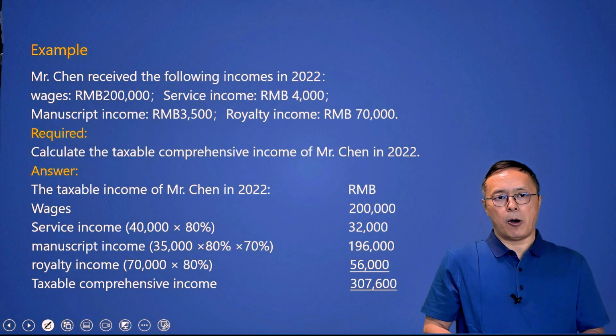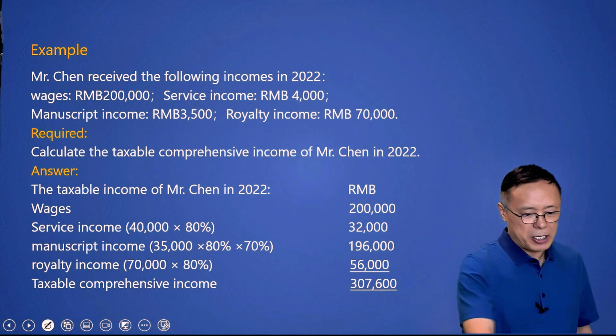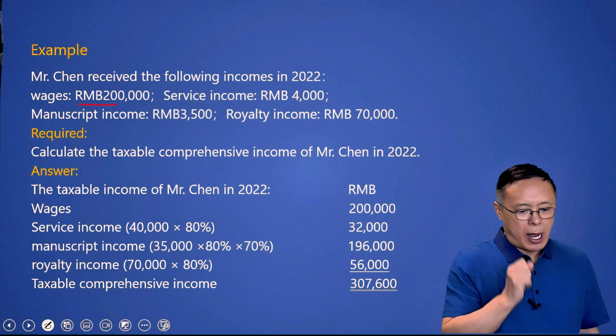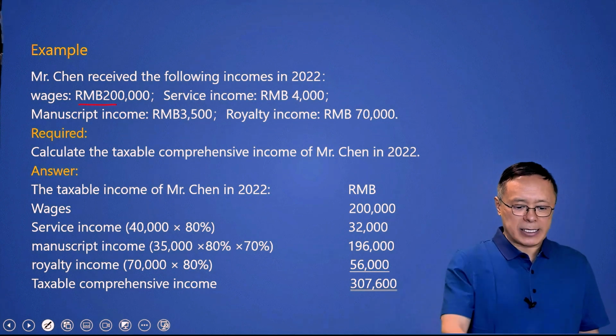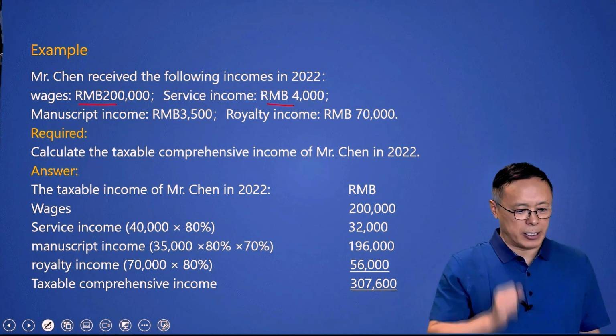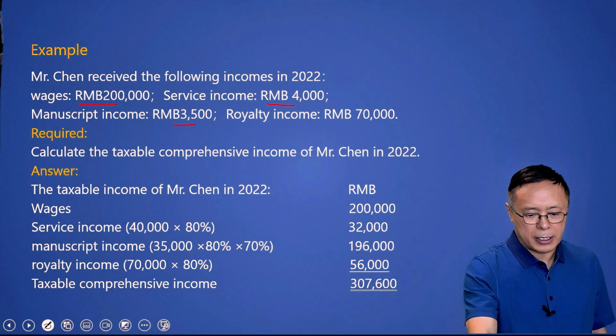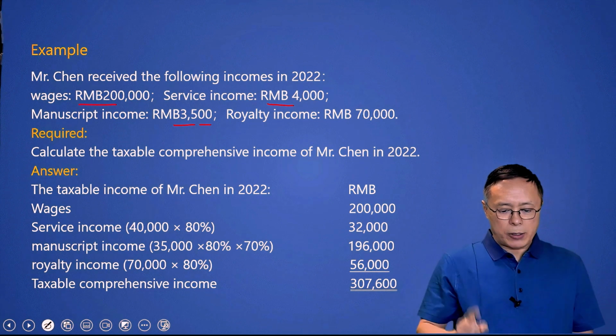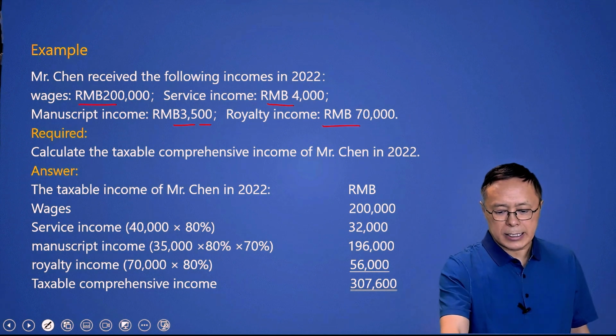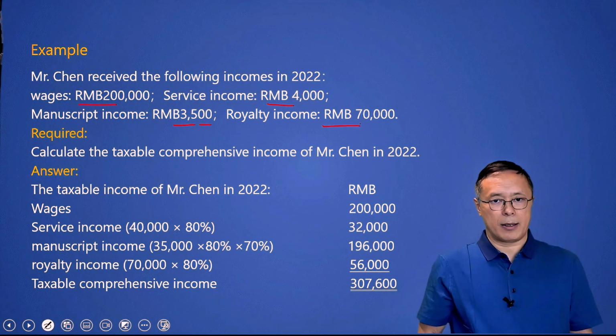In this example, Mr. Chen received the full income in 2022, which is RMB 200,000. Service income RMB 4,000. Manuscript income RMB 3,500. Royalty income RMB 70,000.